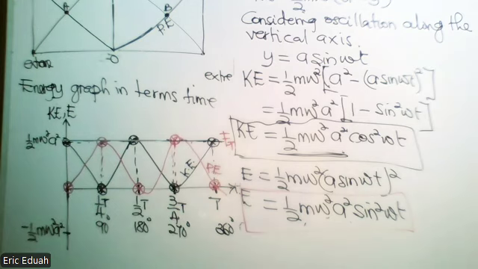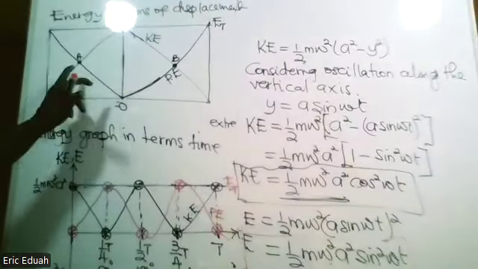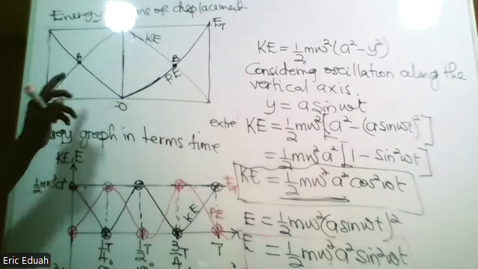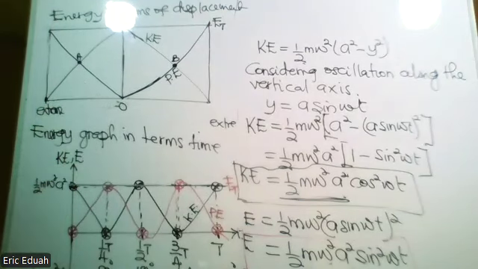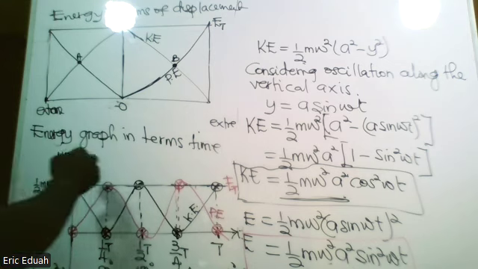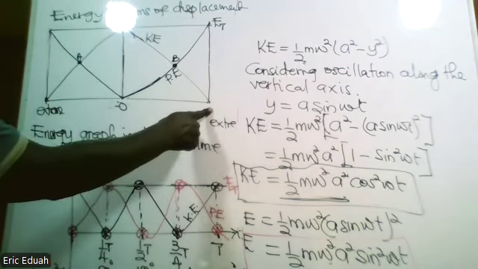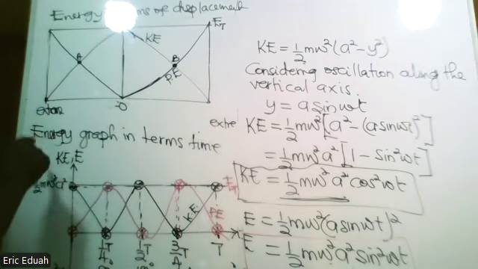This is the energy graph in terms of time, whereas this one is the energy graph in terms of displacement. This is actually for half a cycle, because if we are drawing it for one cycle, it must move from one extreme to another extreme and return.